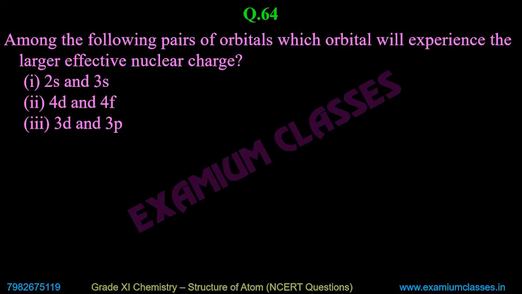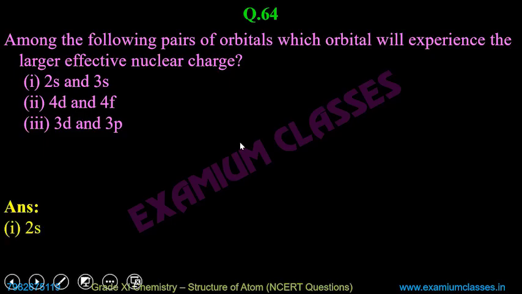No. Okay, first one is correct. Second, Kartike. Sir, in the second, 4d will experience larger effective nuclear charge. Okay, good. Next, Arna, can I? Third one. Sir, 3p will experience more effective nuclear charge. Right.